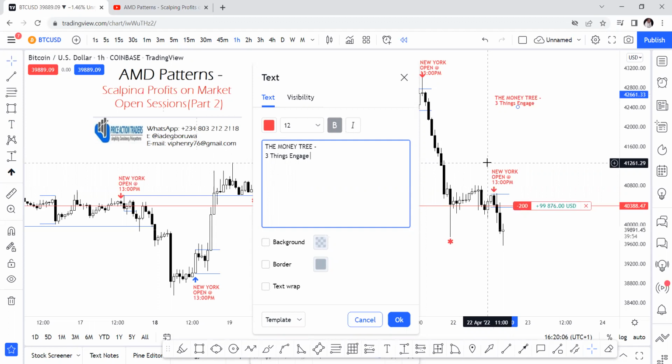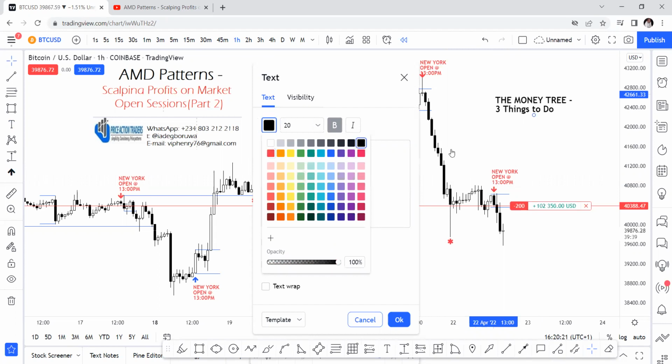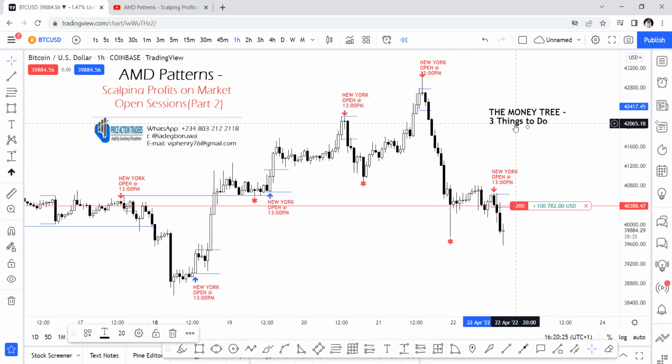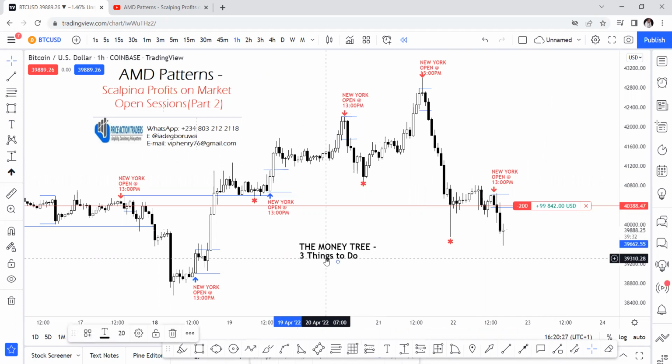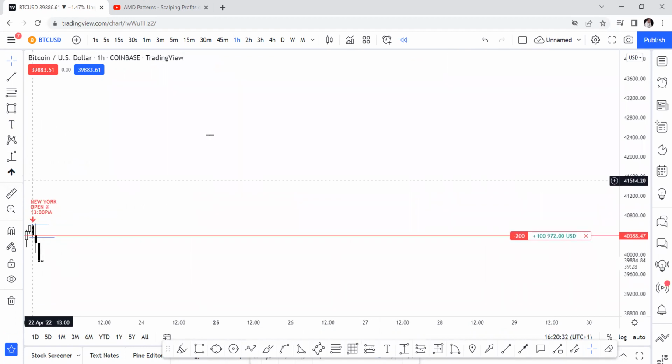That's the requisite. Three things to do or to follow. What are these three things? So let me first of all put it here.